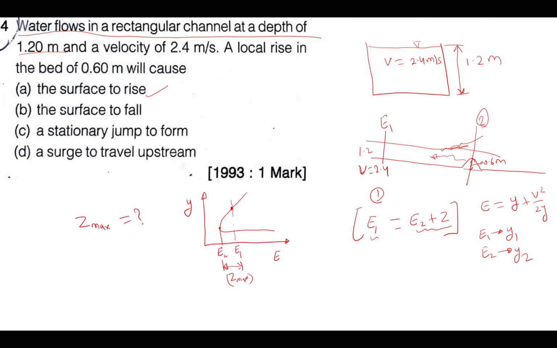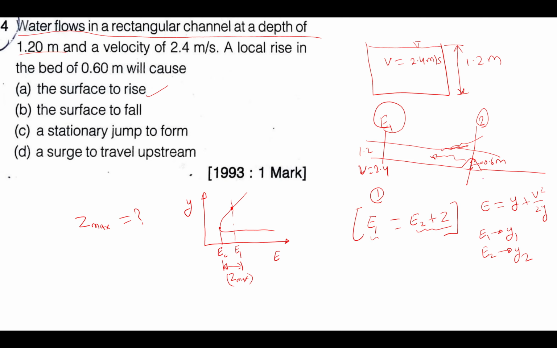If you decrease your energy beyond the critical energy, what will happen? Flow will not be possible. So you have to restrict it up to the critical energy for flowing with upstream energy E1.